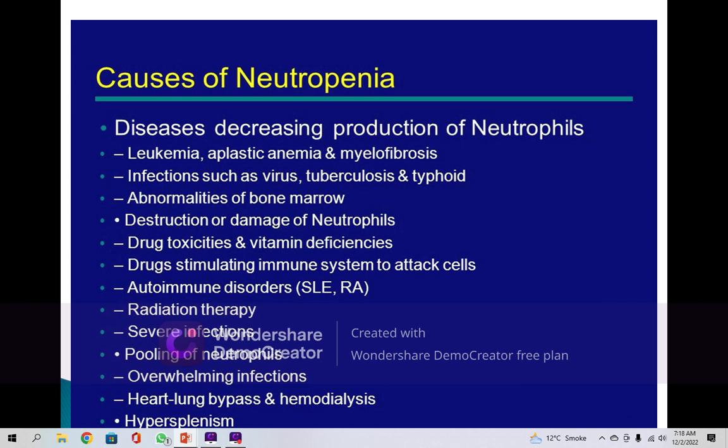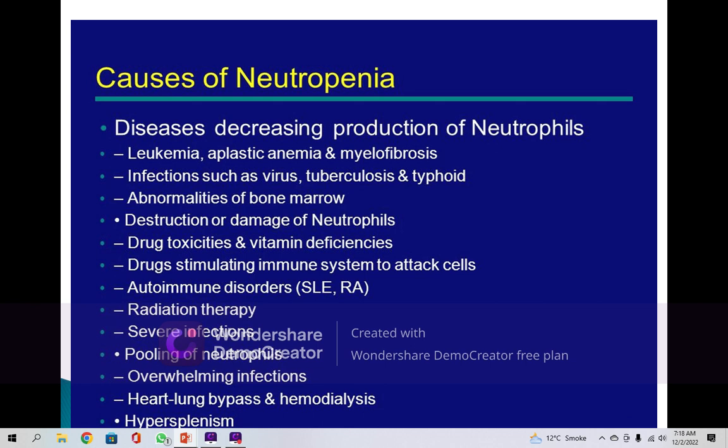You see, in Karachi, it is a very common problem. Abnormalities of the bone marrow and destruction or damage of the neutrophils can occur by antibodies, intrinsic antibodies, which are produced by many causes, and by drug toxicities and vitamin deficiency, specifically B12, which is an important hemopoietic factor, and B1, also B2.